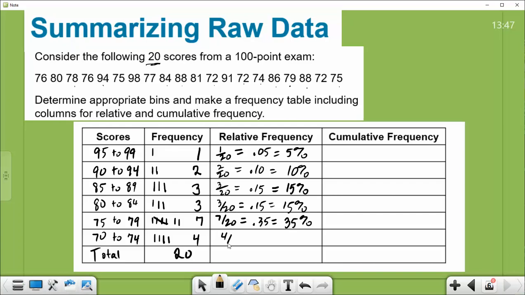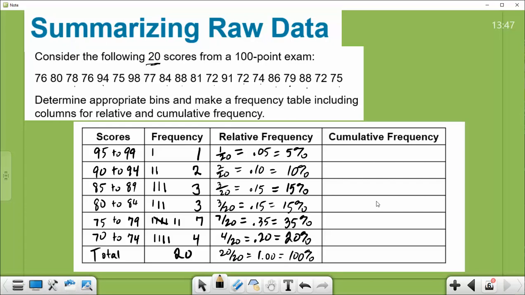And 4 out of 20 is 20%. And of course, 20 out of 20 would be 1, which is 100%.